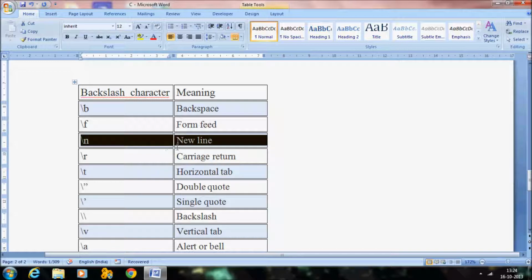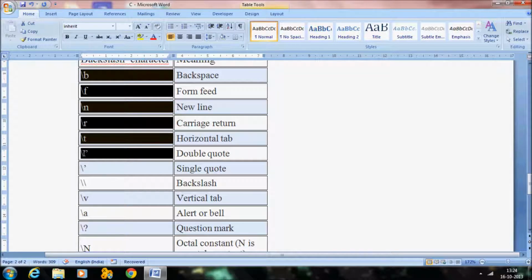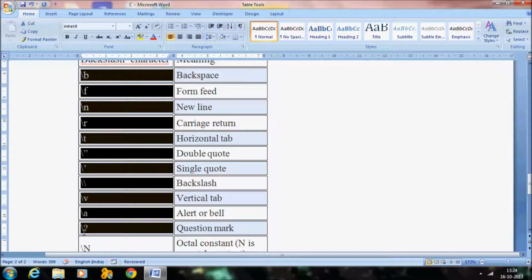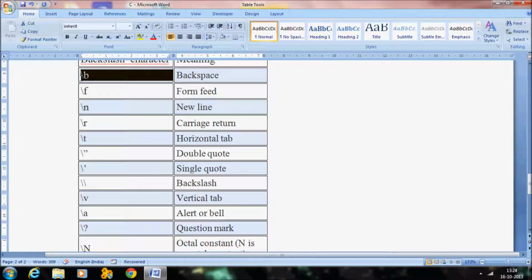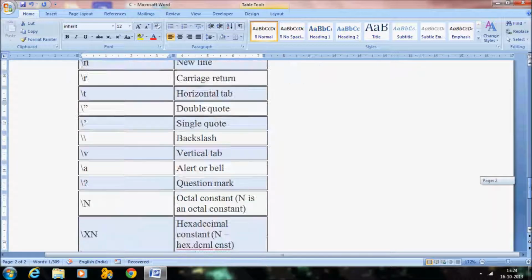We use this almost everywhere in a C program. And there are some other backslash characters, like \t for horizontal tab, and double quote and single quote. For everything, it is preceded with a backslash character. So once we see it is preceded by the backslash character, we can easily identify that it is a backslash character constant.